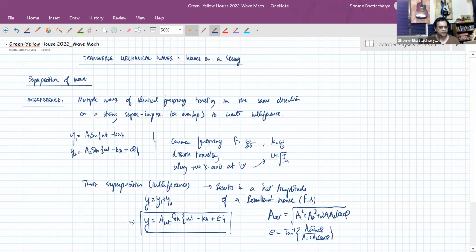Here, of course, phi is the phase difference. They're traveling in the same direction with the same frequency, but they have a phase difference of phi. We'll also understand how the phase difference comes as a result of various factors affecting the waves created by two different sources of the same frequency on the string.